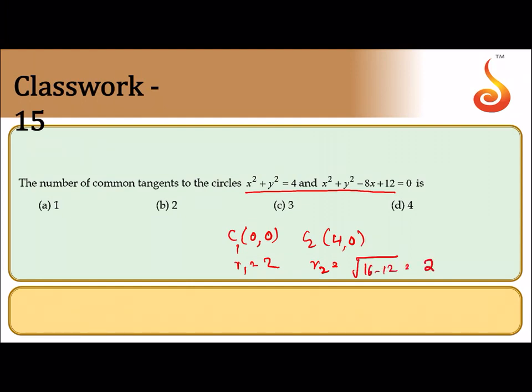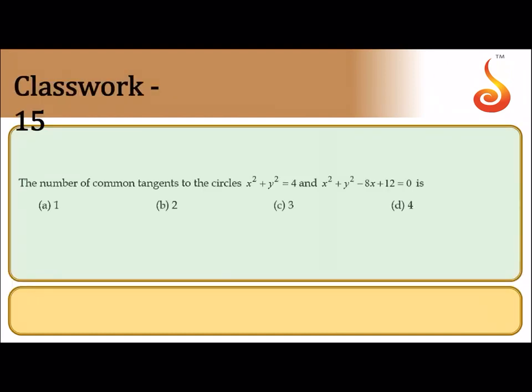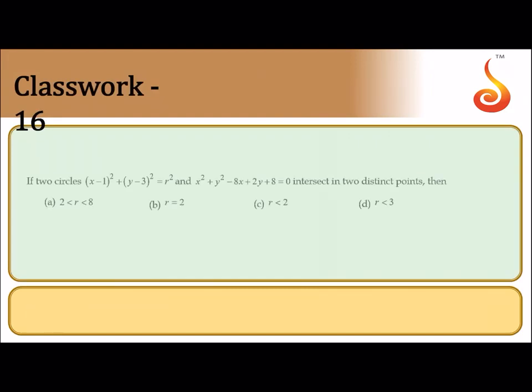R2 is equal to under root of 16 minus 12, which is again 2. So number of tangents are 3. Same concept, C1C2 is equal to R1 plus R2. This is example 15. So simple, same type of question. Option C is correct.